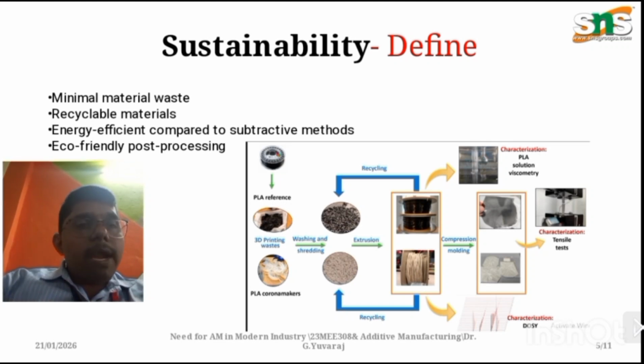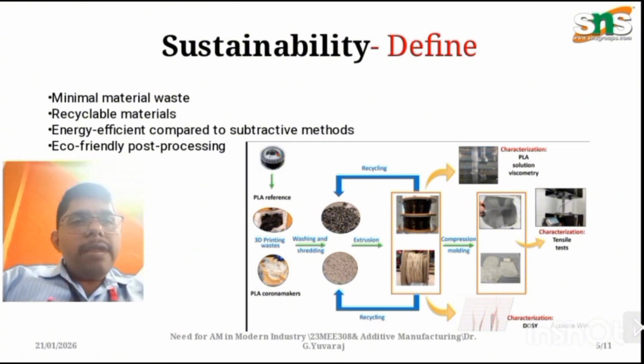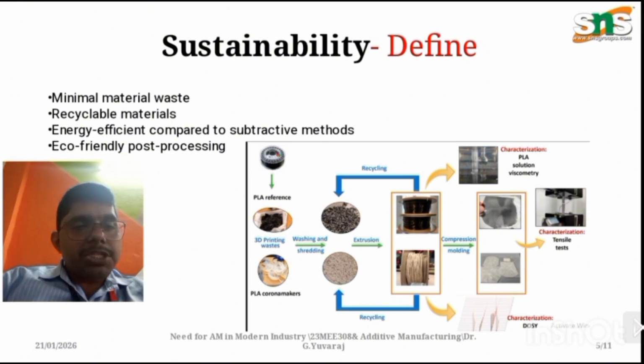That filament winding can be done with the help of vat photopolymerization, and it can be extruded with respect to compression molding. This compression molding helps to transfer the characterization, and it can also perform the testing methods with respect to the type of material you are using in the particular manufacturing technique.